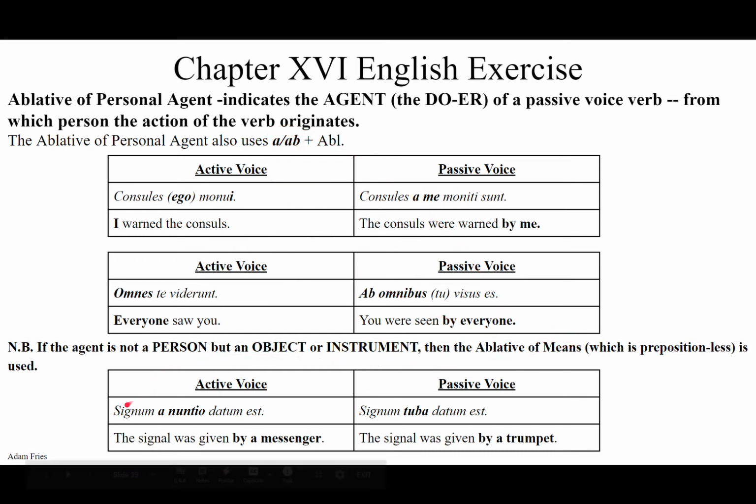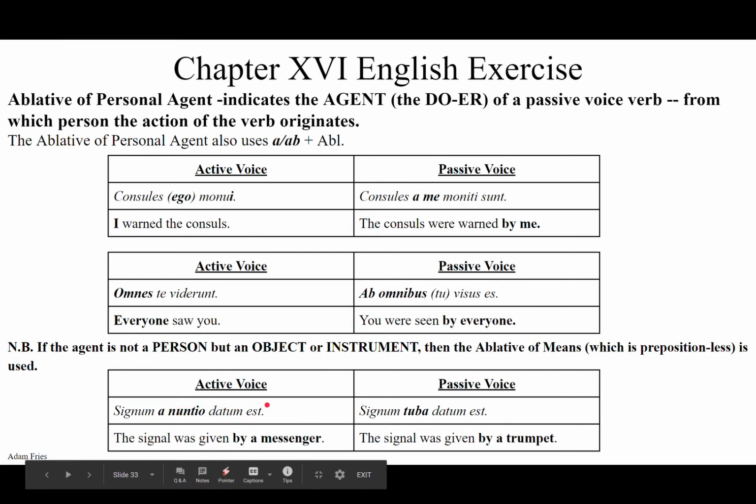So, signum a nuntio datum est: the signal was given by a nuntius, a messenger, being a person, uses the preposition ab to indicate personal agent. The agent, the doer, is the messenger. He's the one that gave the signal.